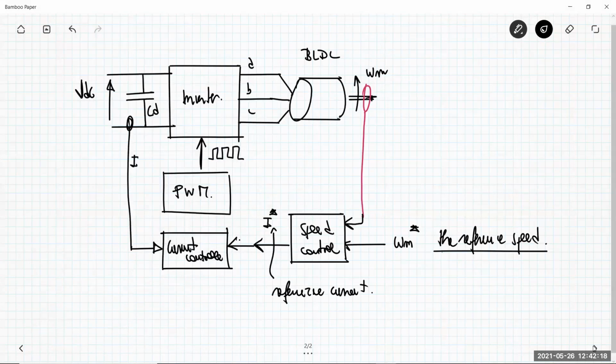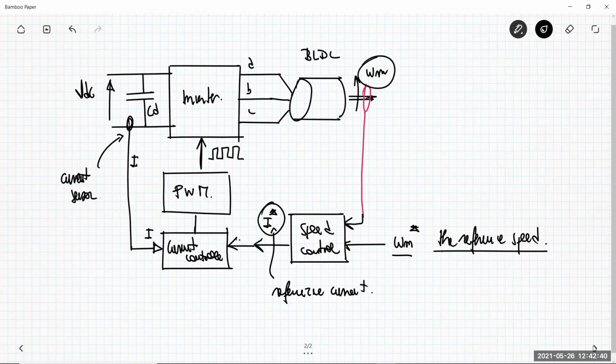The current I is measured by this sensor. This is a current sensor. The current sensor provides the actual current I. This is compared with the reference current, which is the output of the speed controller on the basis of a reference speed and the actual speed measured at the shaft of the motor.